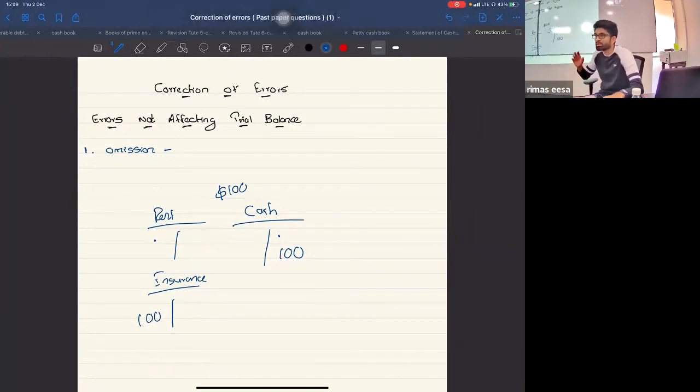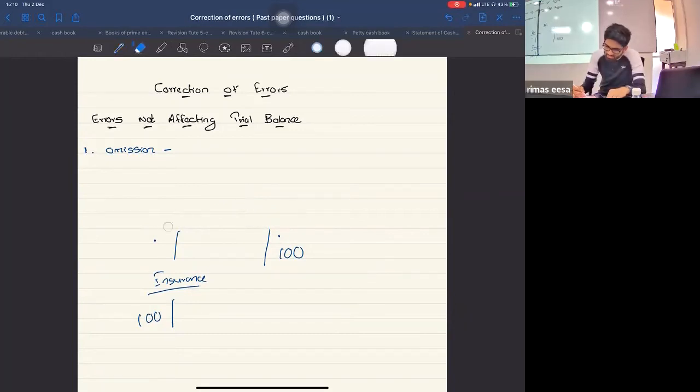What does that mean? Even if you make a few errors, your trial balance will still balance. Why? Because debit and credit entry is done for the same amount. That is the conclusion. Clear? If you make a debit entry and a credit entry for the same amount, trial balance will always balance. That is the conclusion that you need to remember.